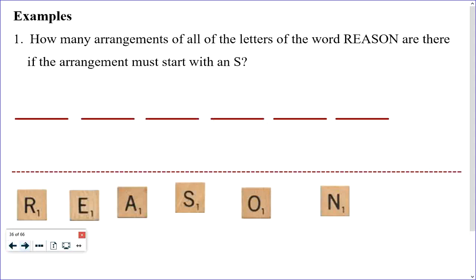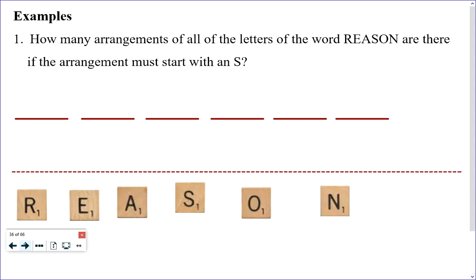All right, now they're going to get more complicated. So for example, and I've put Scrabble tiles down here to reinforce that we are arranging things here. The question says, how many arrangements of all of the letters of the word reason are there if you have to start with an S?